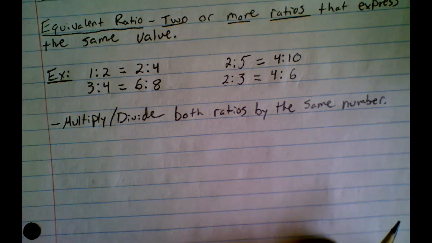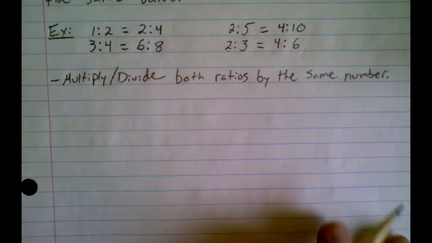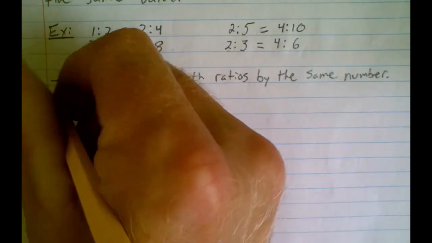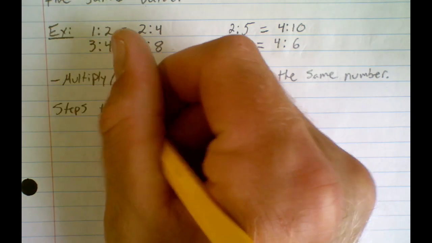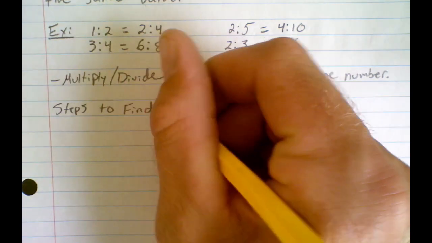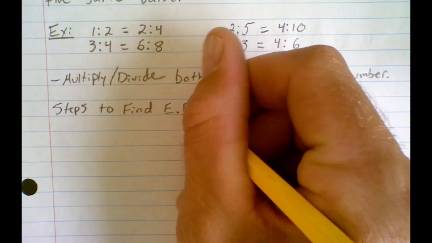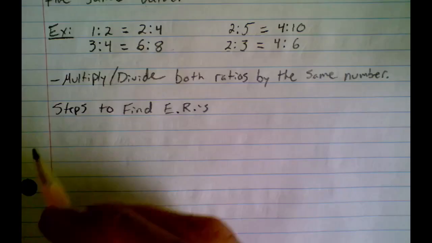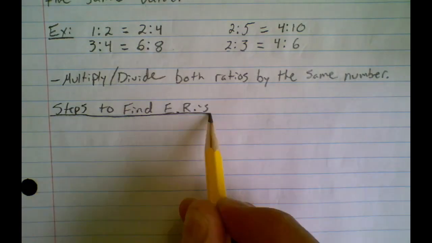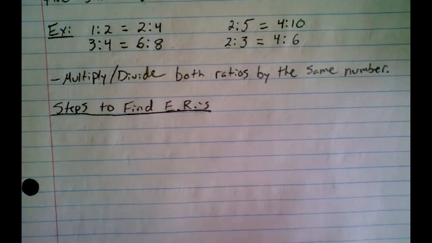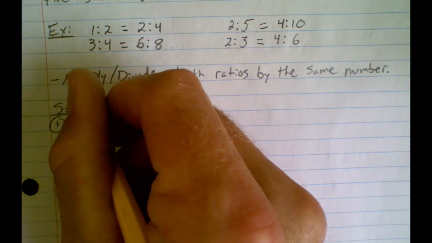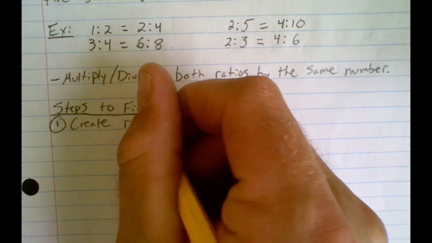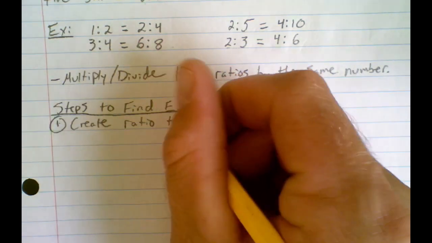So here are the steps to find equivalent ratios. You can just write E.R., equivalent ratios. Steps to find ERs. The first step is create your ratio table.